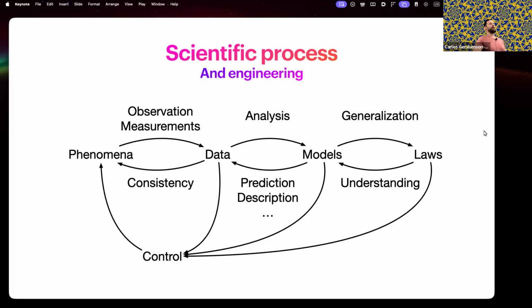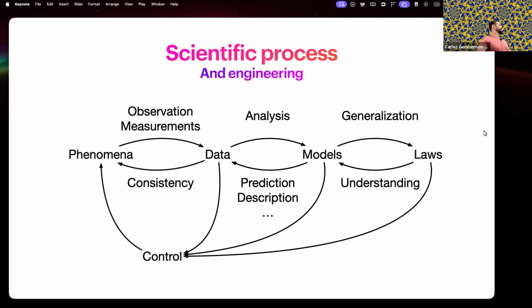Because the best proof of a theory is when we can use it to control the phenomena we are describing. Actually, some people will say that the goal of science is to discover the laws of nature in order to predict the universe, to control it for our benefit.